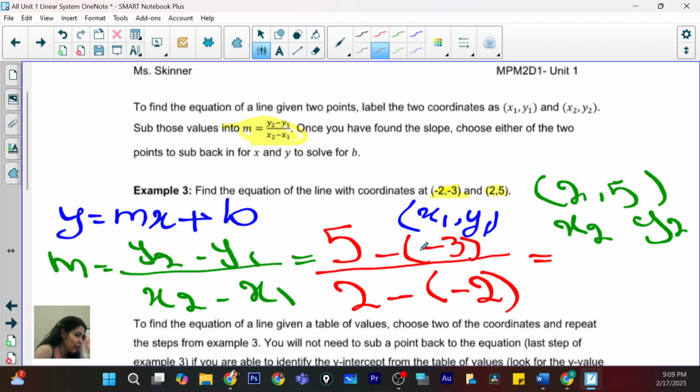We have a double negative here. Negative times negative is positive. So we write it down: it is equal to 5 minus 3 divided by 2 plus 2.